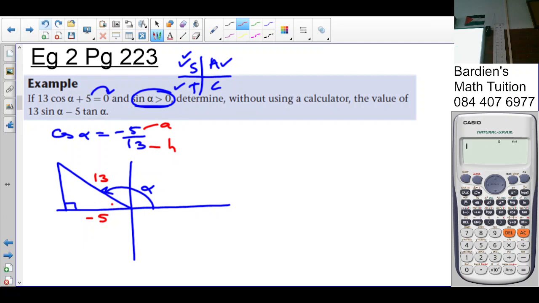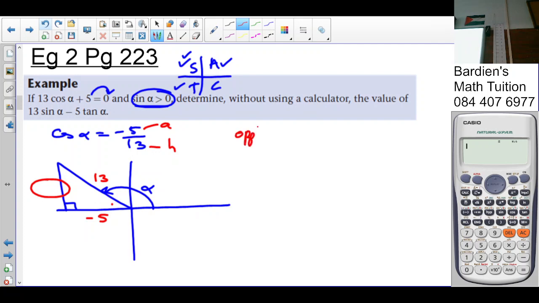Okay, so how do I get that unknown side there? I use Pythagoras. And why do I want to know that? So that I can calculate tan and I can do the calculation on sine as well. So how do we get that, people? Let's call that opposite for now.